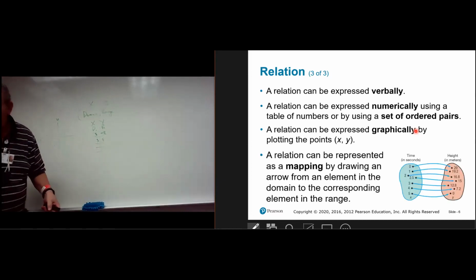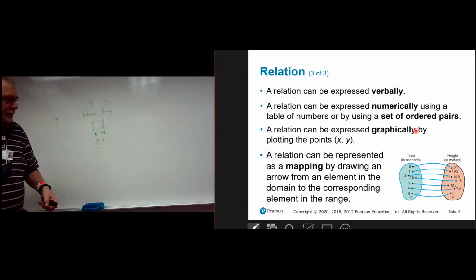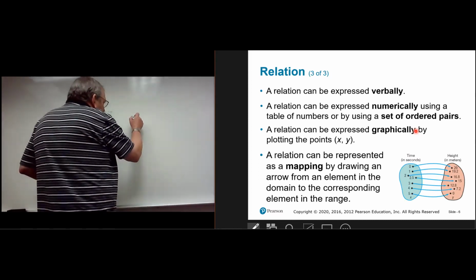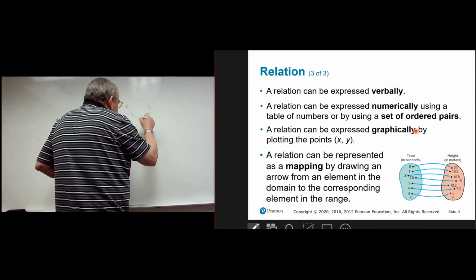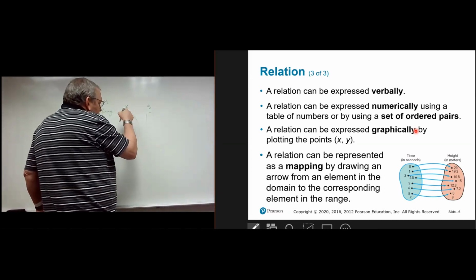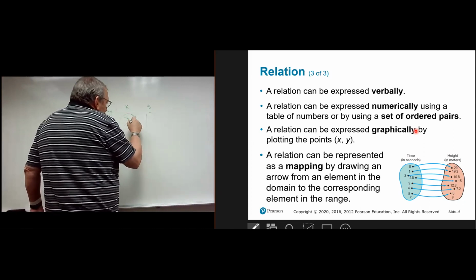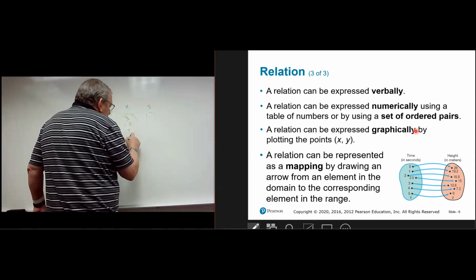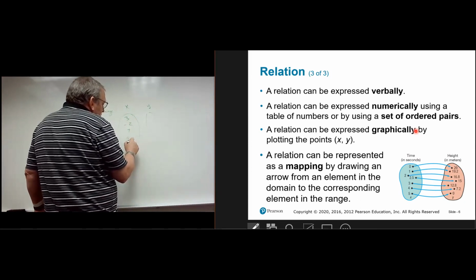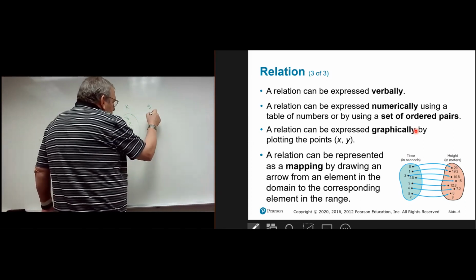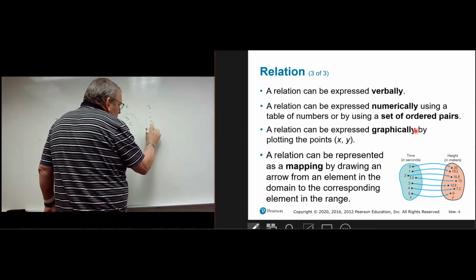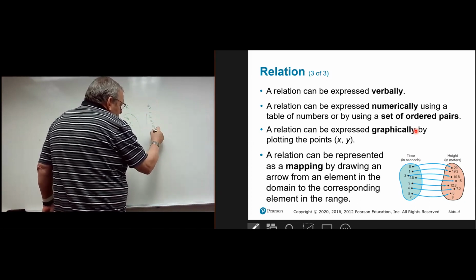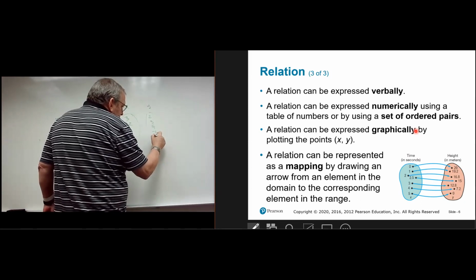A relation can be represented as a mapping. So if here I have my X values, here I have my Y values, and my domain is 3, -2, 7, 9, and 4, and my range is 2, 3, 9, -6, and 24, and 3.